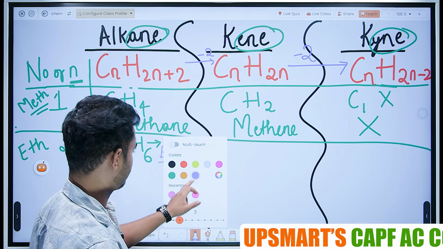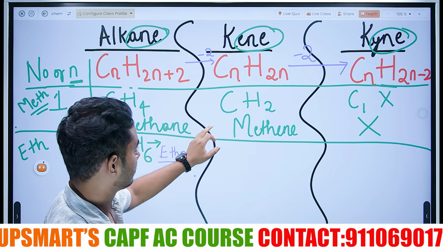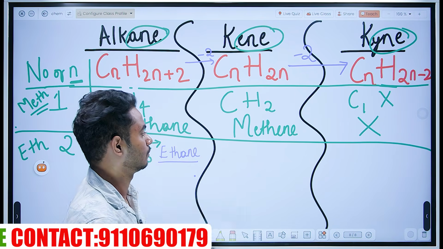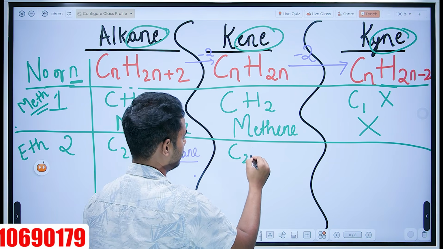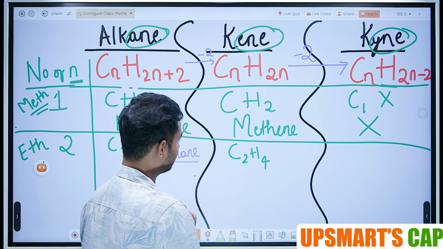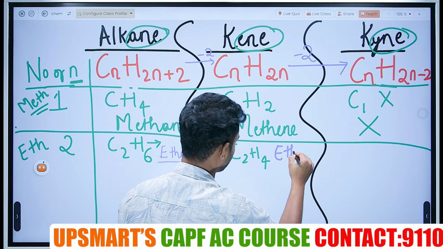Now next, we are substituting 2 here, means C2, 2 into 2, 4, C2H4. The keyword is eth here and it ends with ene. That means this is ethene.